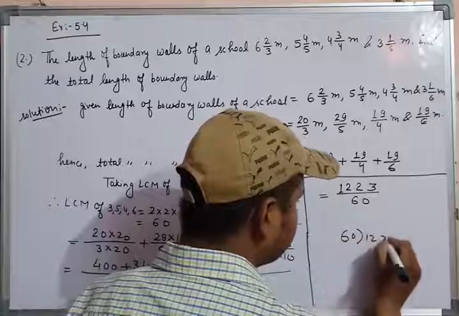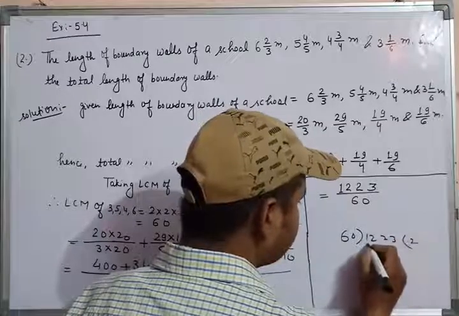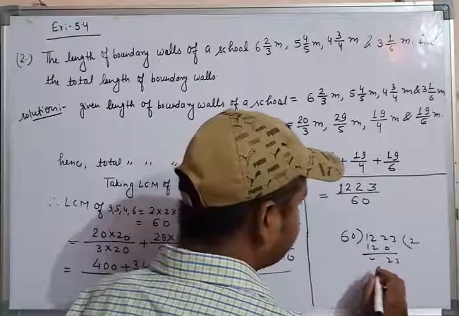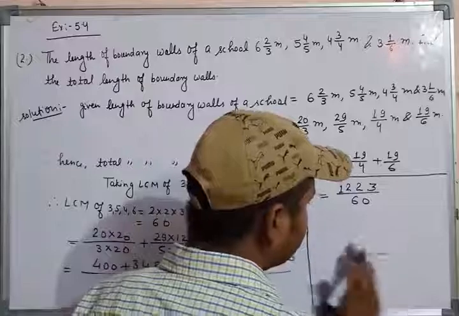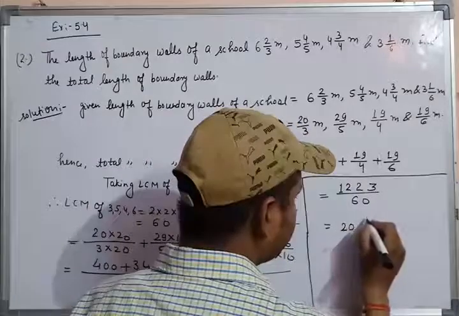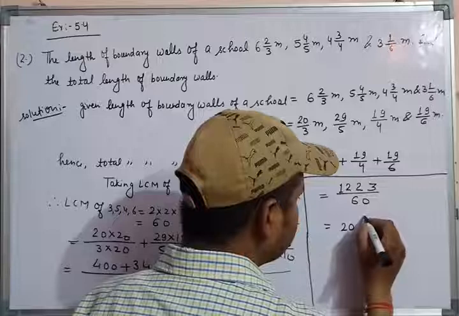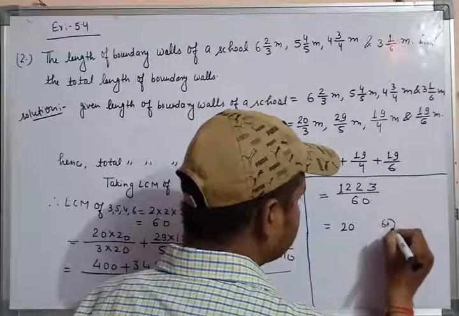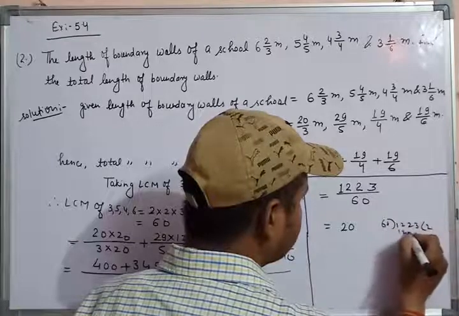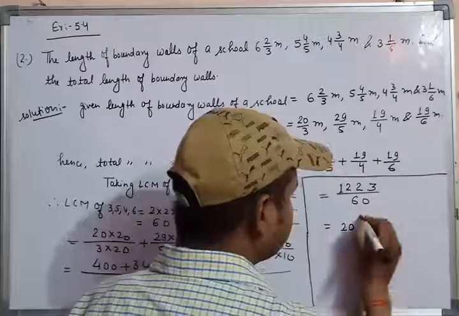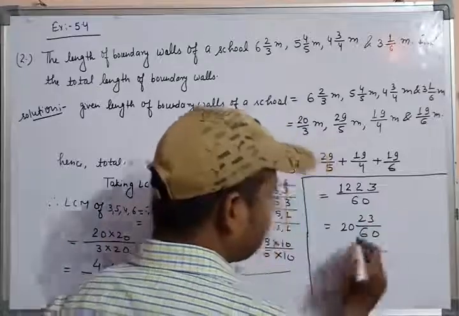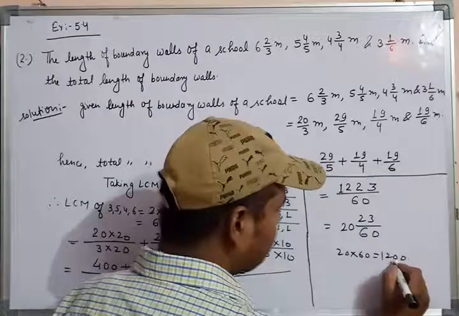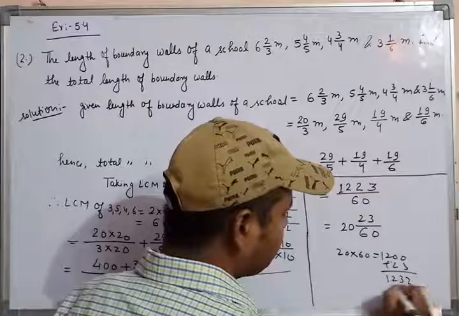Now let me check whether this is correct or not. You have to write 20 and 23/60, because students, if you multiply 20 into 60, then we get 1200, and adding 23 we get 1223.